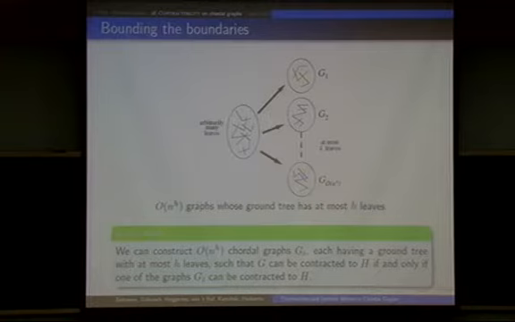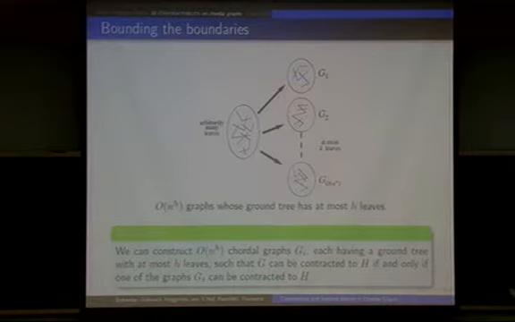So what we can do actually is we start from our ground tree, and I will not explain how, but you can basically just make a bunch of new graphs such that each of them has at most little h leaves, and you have big O of n to the h such graphs, which is polynomial once again because h is fixed.